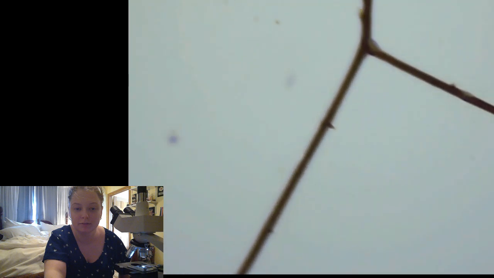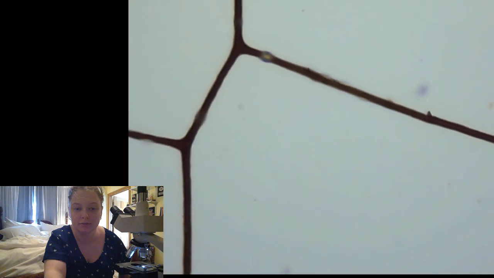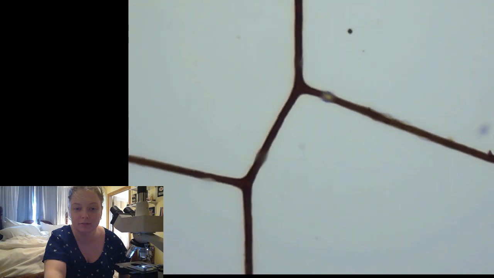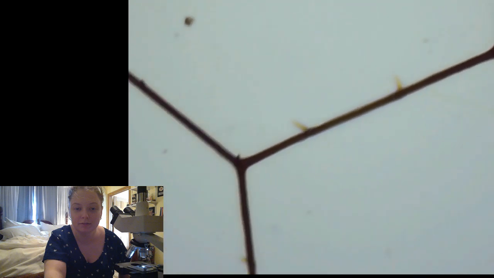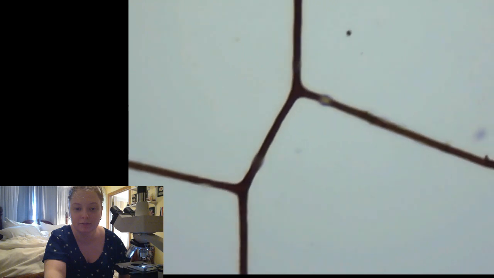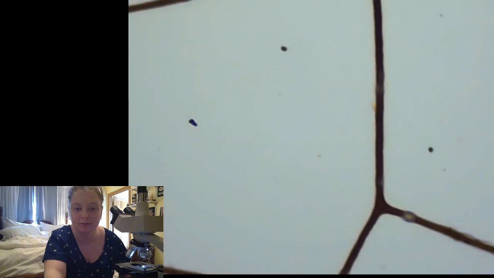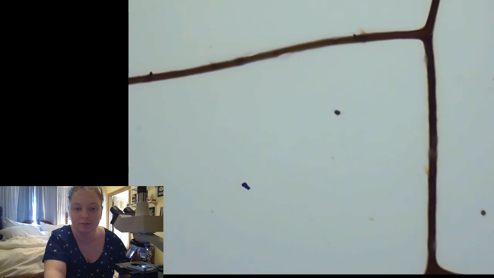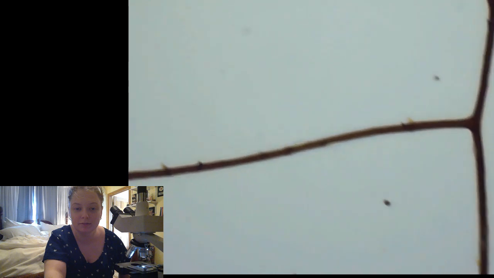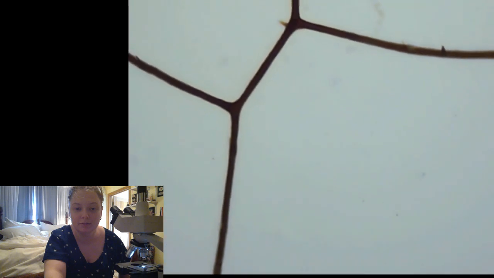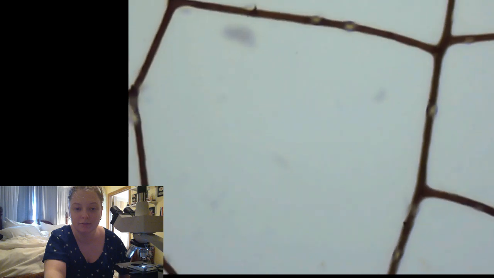I kind of expected them to be like hexagons or something, but they're not a very regular shape. It's just kind of random.